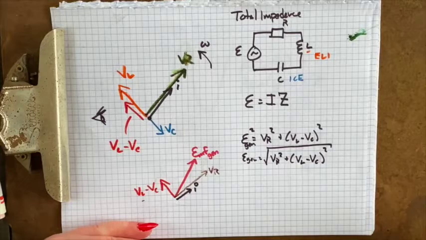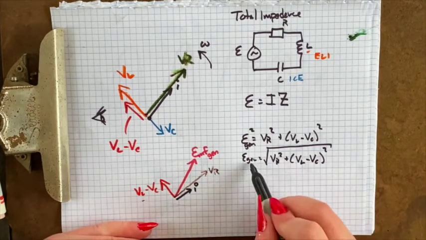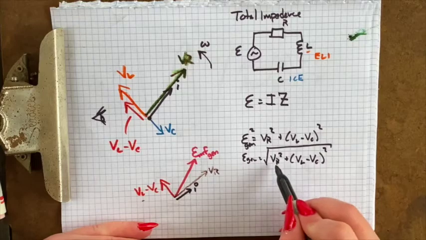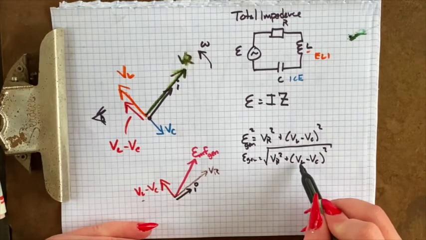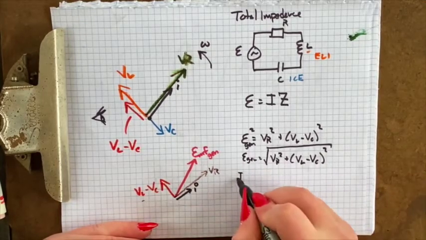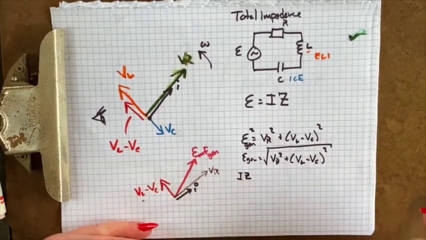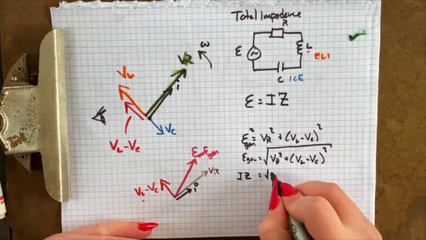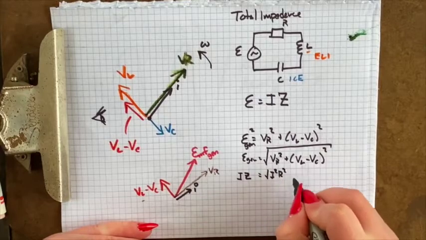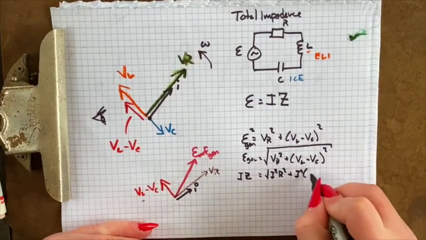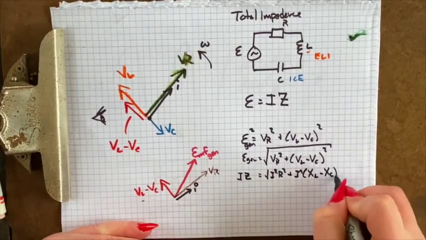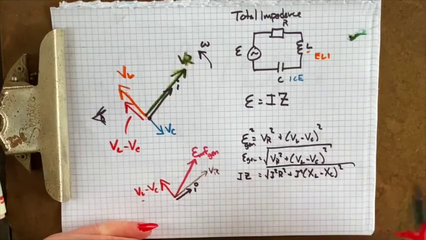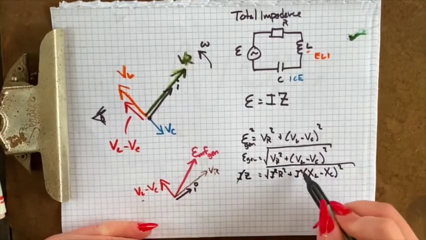So that's interesting. Is it useful in helping us find the reactance? Well, each one of these is really E equals IZ, or V equals IR, or V equals IX. So really all of these have an I in front. So that's IZ equals the square root of I squared R squared plus I squared, XL minus XC quantity squared. And we know that the I's will cancel.